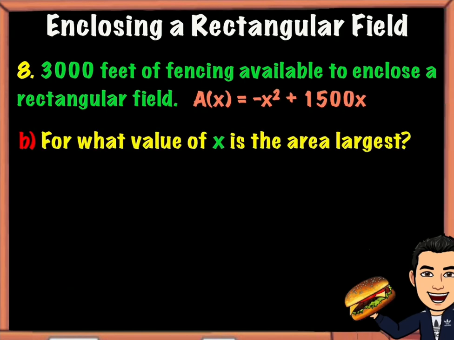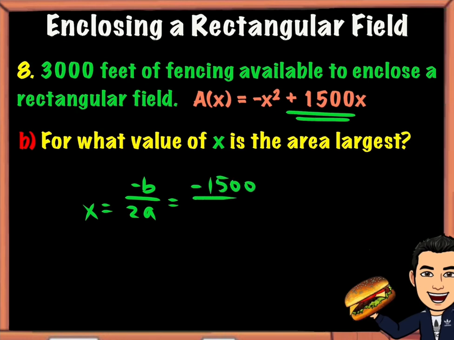So for letter B, what value of x makes the area largest? You want to use negative b over 2a, and the b value is positive 1,500. So you put negative 1,500 over 2 times the a value, which is negative 1, so times negative 1. And that's going to equal positive 750.